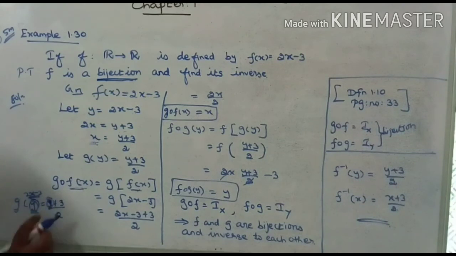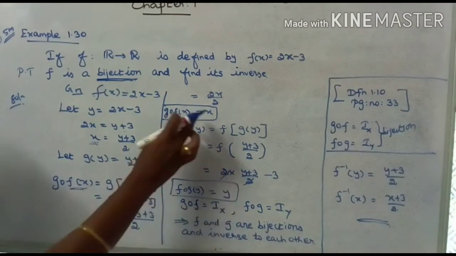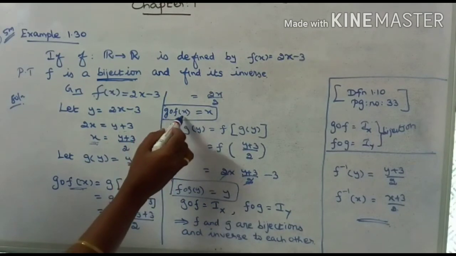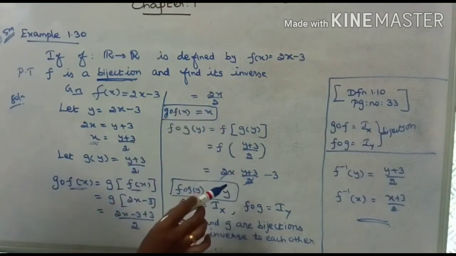Then we get this equation: 2x minus 3 plus 3 by 2. Minus 3 and plus 3 cancelled. 2x by 2 is x. One part over. So f composite g of x equal to x.